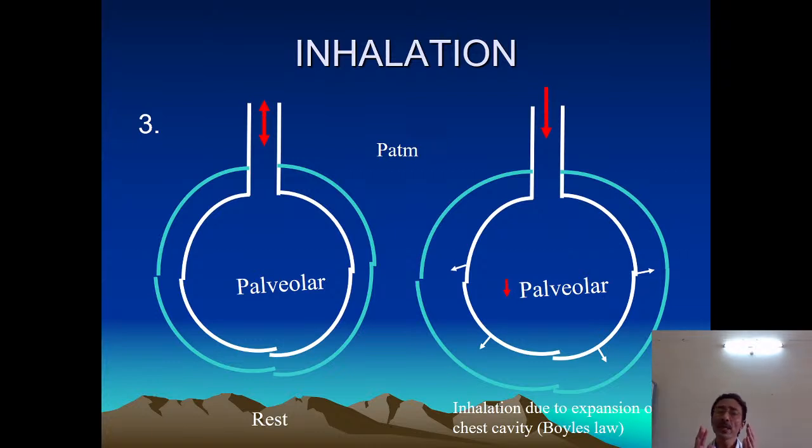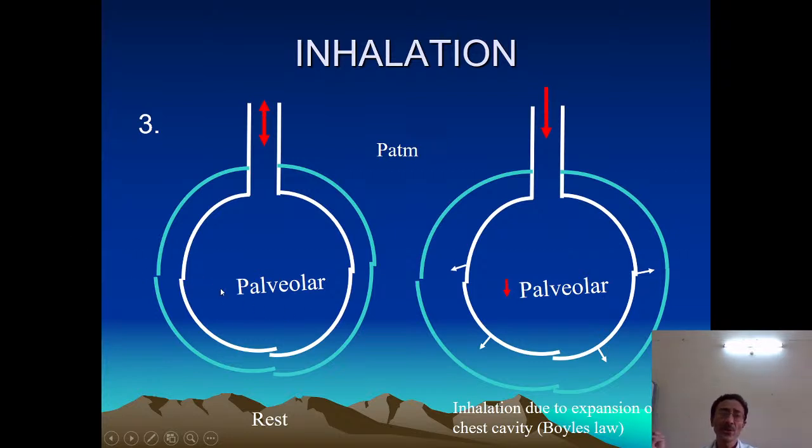Between the two pleura there is a space known as the pleural space, and the fluid present is known as the pleural fluid, and the pressure there is known as the pleural pressure. The pressure generated in the alveoli is known as the alveolar pressure. The difference between the pleural pressure and the alveolar pressure is known as the transpulmonary pressure.